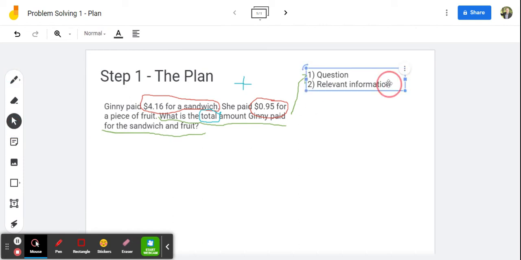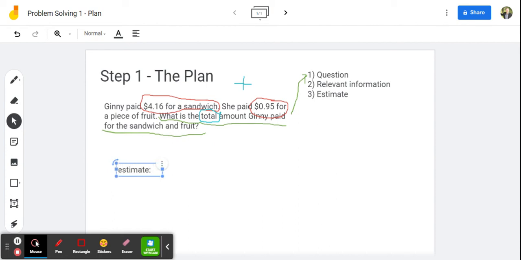Before we move on, we're going to do a quick estimate. And an estimate is used to make an educated guess that will let us know if our answer is reasonable. Okay, so for an estimate, we can often use rounding.